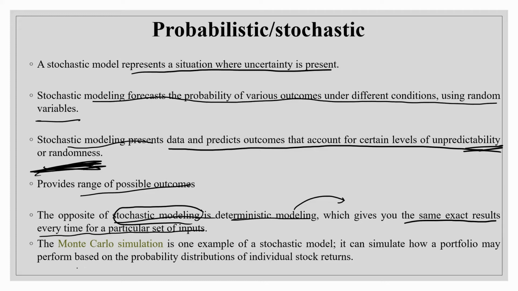If we talk about an example, Monte Carlo simulation is one of the best examples of a stochastic model. Now what is this Monte Carlo? The name refers to the city of Monte Carlo in Monaco, which was known for its casino and gambling. But you can say that Monte Carlo simulations are simulations involving randomness.